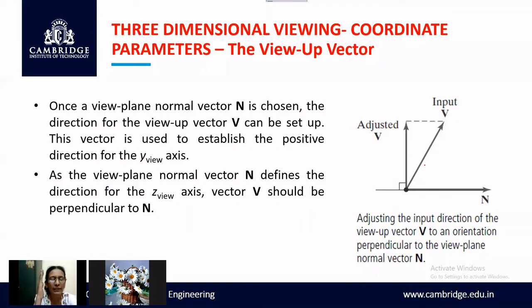It is left to the user, so he can define the input view up vector in any direction other than being parallel to the normal vector. Now once he defines it, if it is not vertical, we may have to adjust this view up vector to be perpendicular to the normal vector.